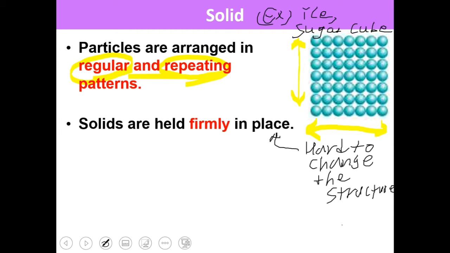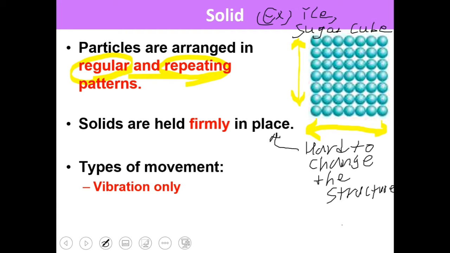I want you to put hard to change the structure, because they have a really well-arranged and very tight formation. You can think of it in that way. And the type of movement that solids have is vibration only.